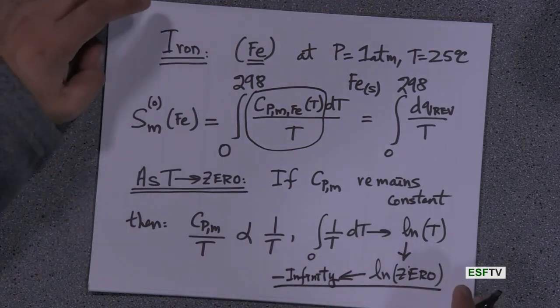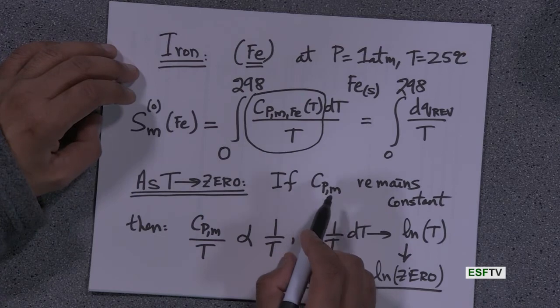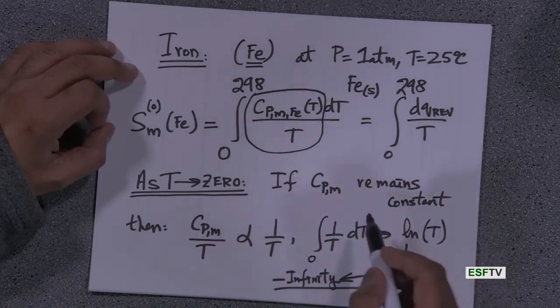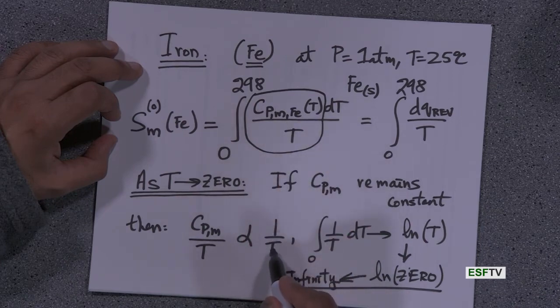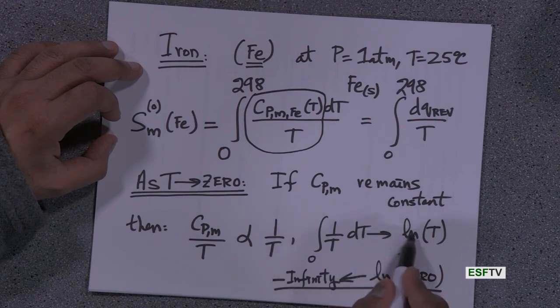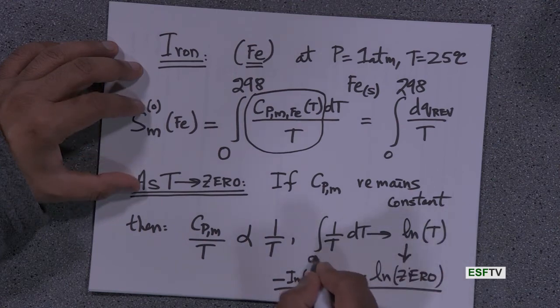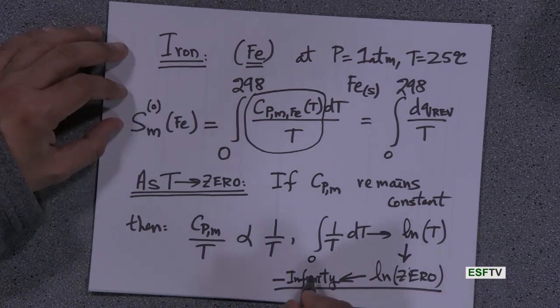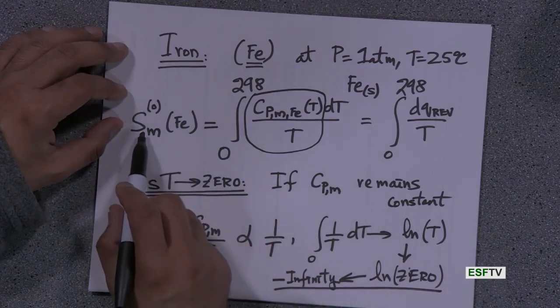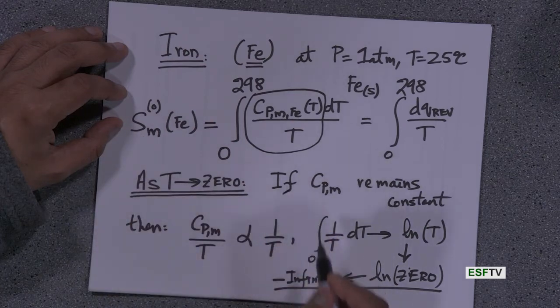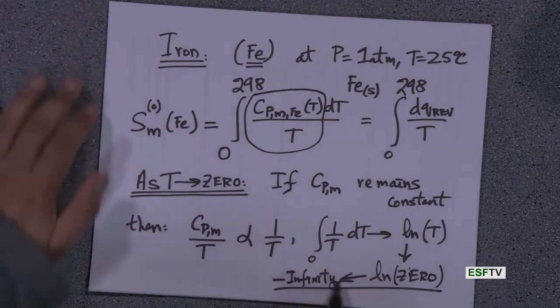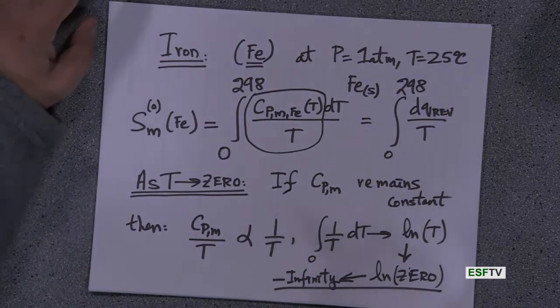Right? Because let's say the heat capacity is rigorously independent of temperature. As the temperature goes to 0, Cp per mole over temperature is proportional to 1 over T. If you integrate 1 over T with respect to temperature, you get the natural logarithm of temperature. Plug in the lower limit of 0 Kelvin, the logarithm of 0 is negative infinity, but we said that the entropy is 0 at 0 Kelvin, right? We said that the absolute value of the entropy is 0 as temperature goes to 0, not this minus infinity business.